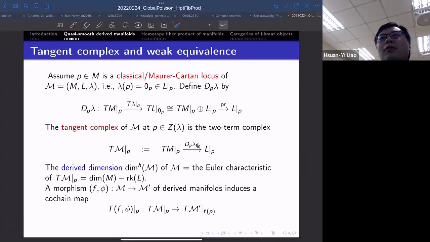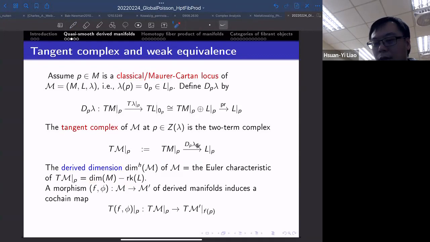And by derived dimension, I mean the Euler characteristic of this tangent complex. In other words, the dimension of the base manifold minus the rank of this vector bundle.